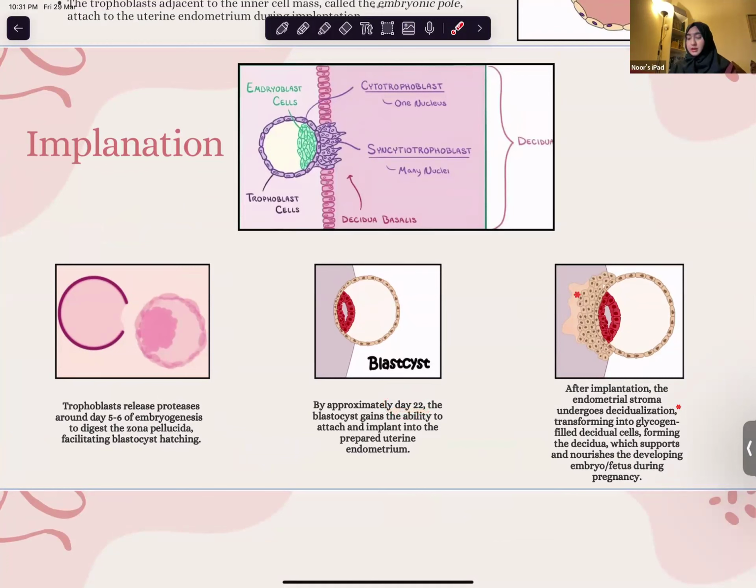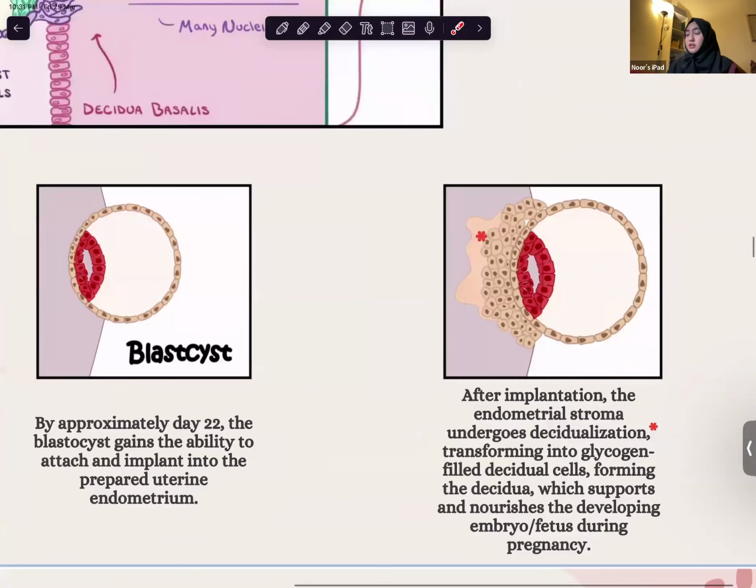The next step is that after implantation, you see it's almost implanting in. A bit of blastocyst is outside, but it's going in right now. The endometrial stroma undergoes something called decidualization. Remember the word decidua? I told you decidua is the contribution of the placenta from the mother's side.